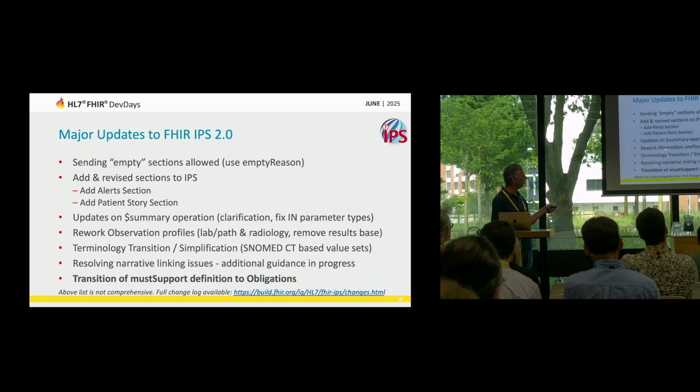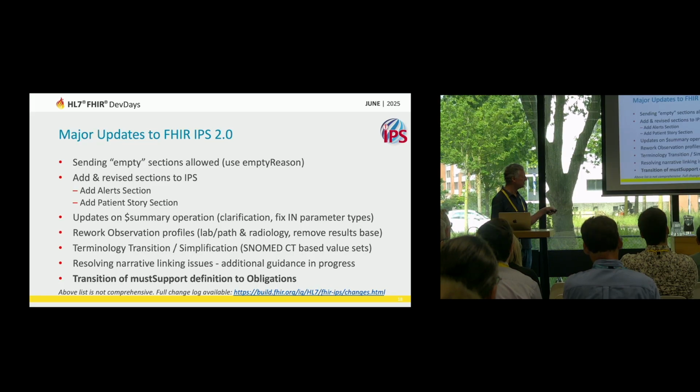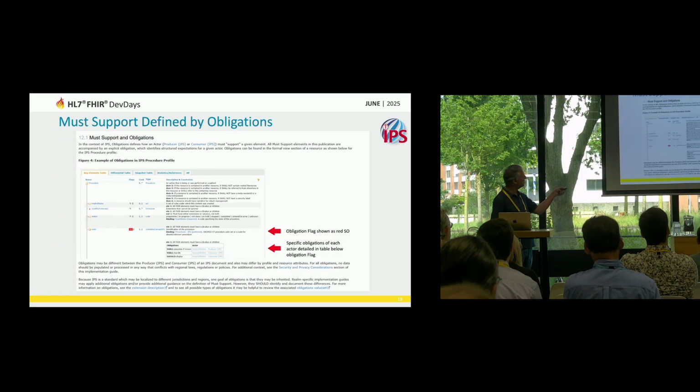We reworked our observation profiles for simpler use and better validation. We've made our terminology simpler, easier to look at, and we've just about fixed the narrative linking issues that we ran into. And again, the must support transition to obligations is the biggest thing. So, all right, that's the slide here. It's a little too much detail to really be able to see, but you can actually go in and look.